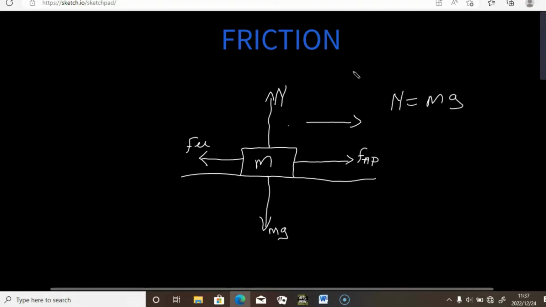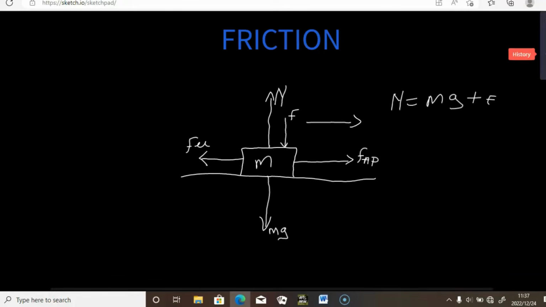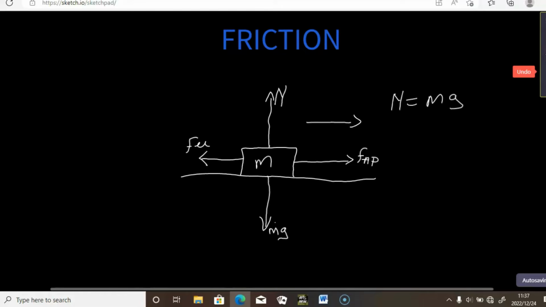If we were having another force that is acting perpendicular to this surface plane, acting vertically like that, let's say it's force F, we were going to say plus F, because we can see that F is going in the same direction as mg. But in this scenario, since we only have these two forces that are perpendicular to the ground, normal reaction is equal to mg, which is weight.